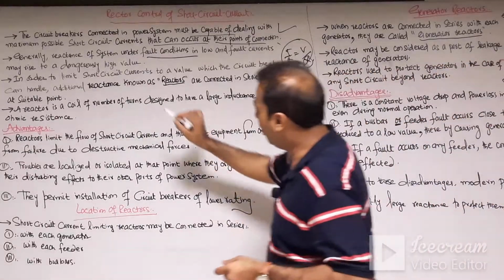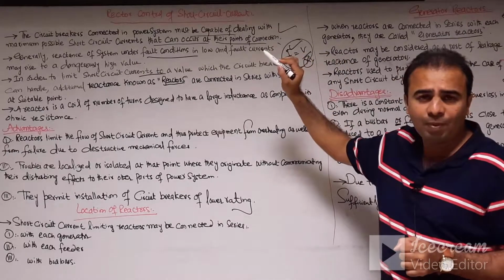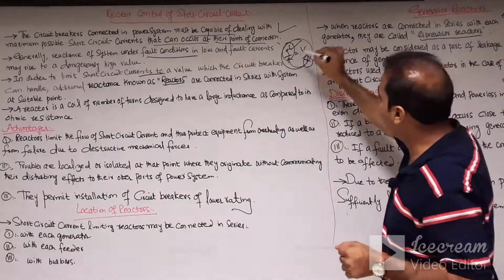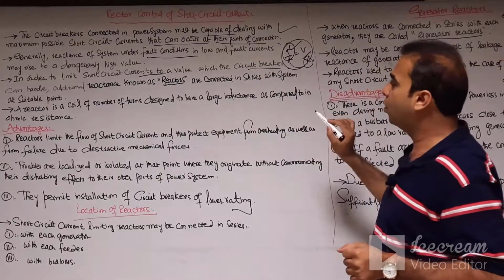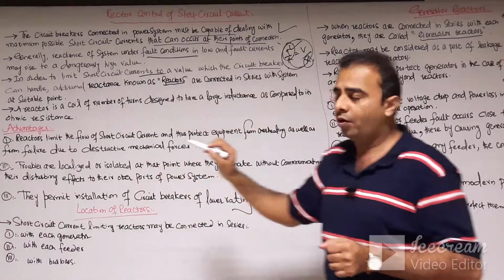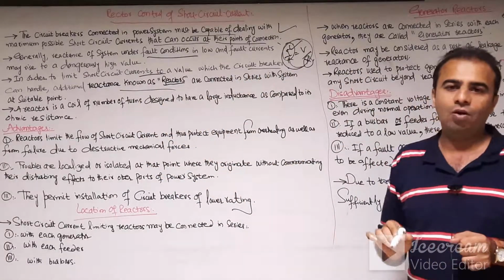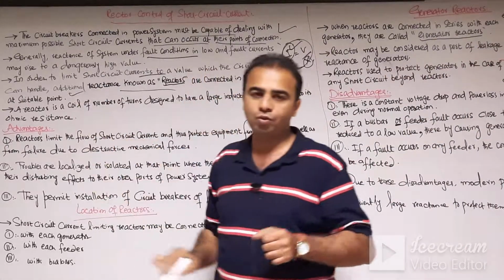So in order to limit this short circuit current if a fault occurs in the power system, the current has to be limited to a low value so that it can be handled. Additional reactances, which we call reactors, are connected in series with the system at a suitable point.